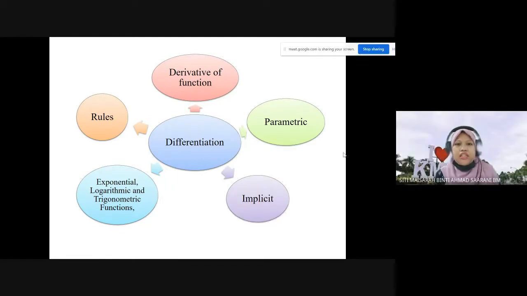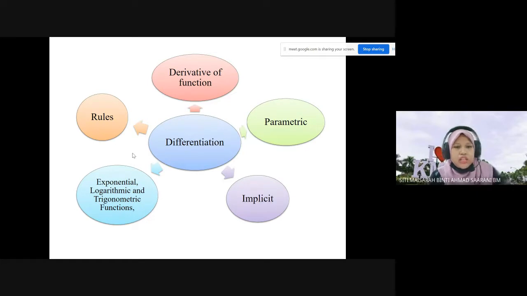I repeat, this is the overview of chapter 9, differentiation. We have 5 main parts. The first one is subtopic 9.1, derivative of a function. The second one involves rules of differentiation. We have various rules of differentiation.